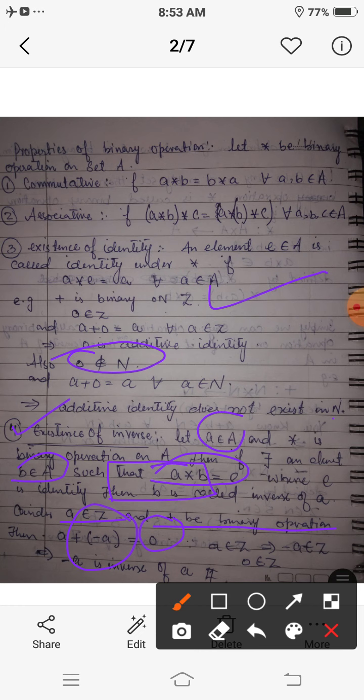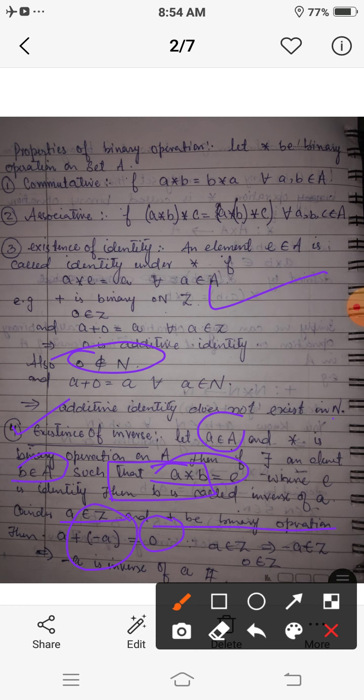So this means that the multiplicative inverse of a is 1 by a, provided a is not equal to 0. In this way you can find the identity or inverse of any operation on any set.